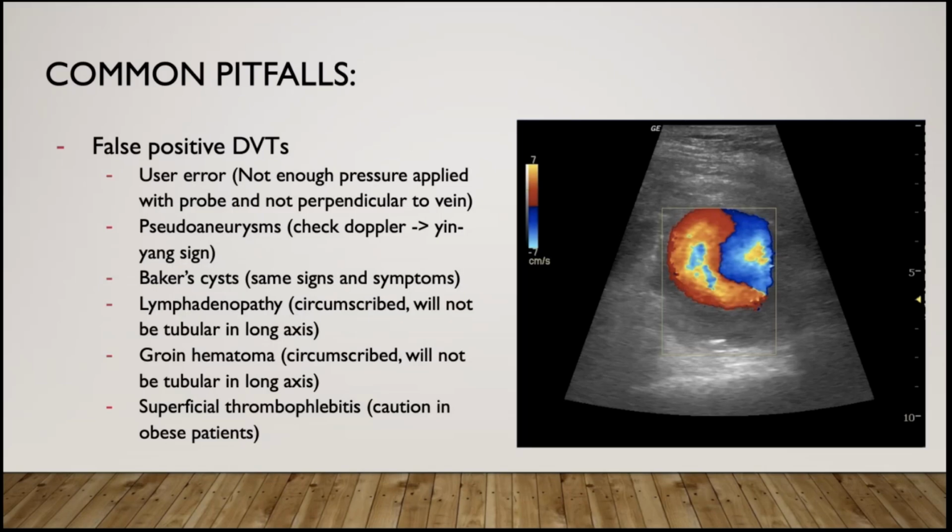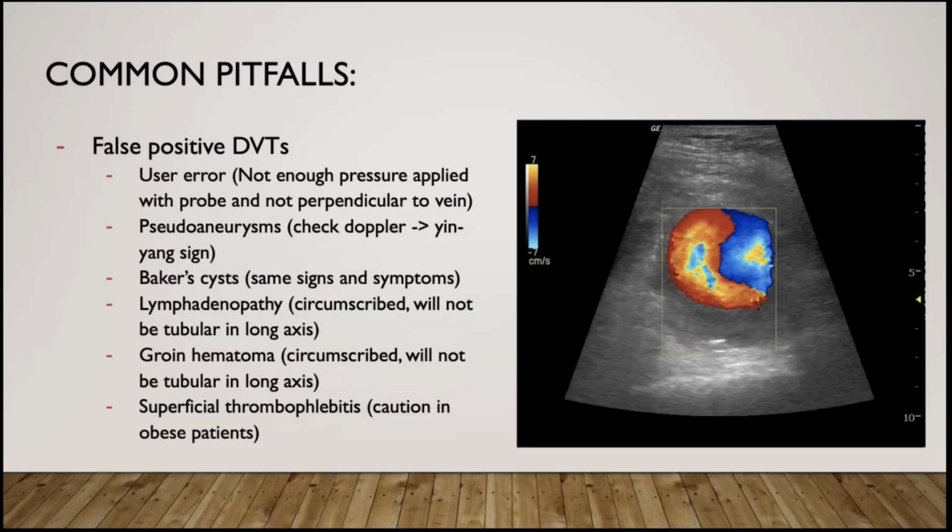One of the other things that can confuse the picture is pseudoaneurysms. Like this picture here on the right, they are calling it the yin yang sign. It doesn't always look this neat, like a perfect yin yang, but this one looks nice, where you can see the red and the blue together in that shape, which represents the bidirectional flow of blood within a pseudoaneurysm.